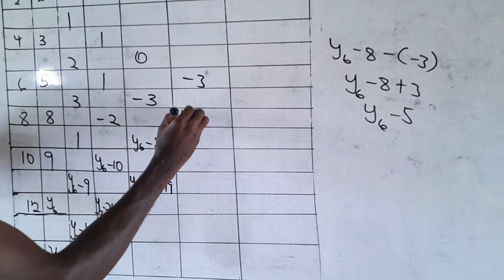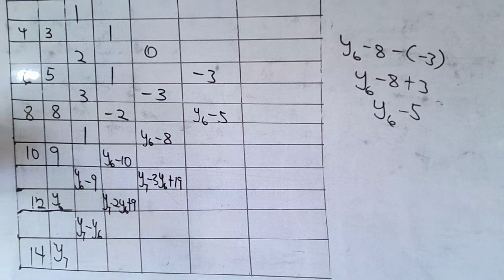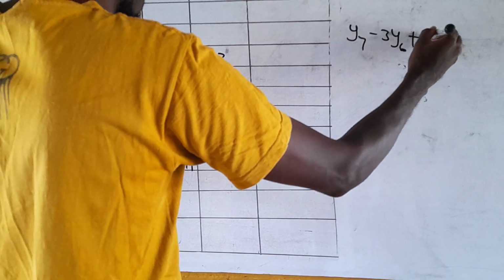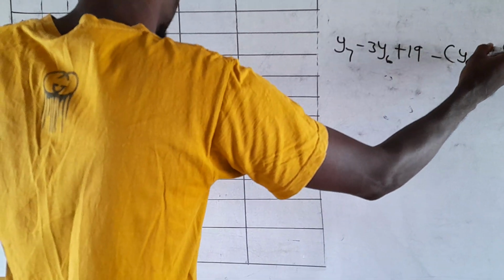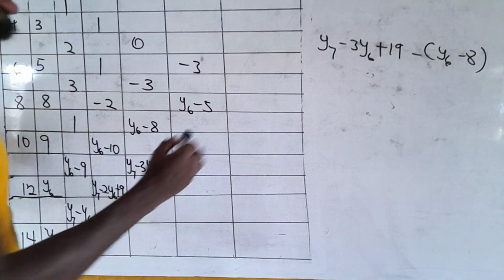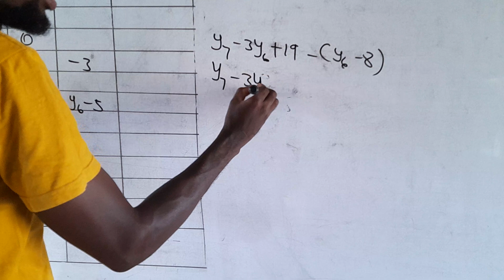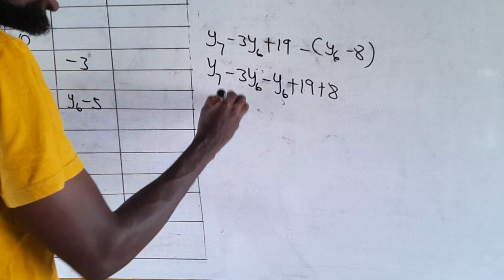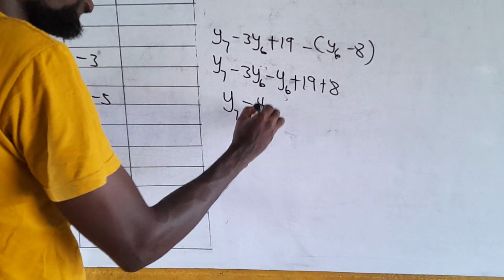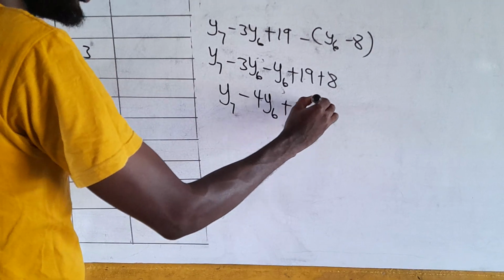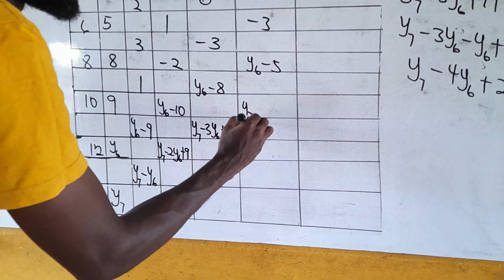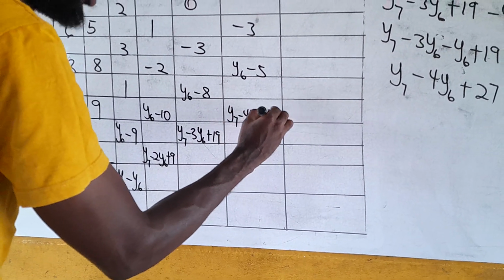Then y7 minus 3y6 plus 19 minus y6 minus 8. So we get y7 minus 3y6 minus y6 plus 19 plus 8. So that will be y7 minus 4y6, then plus 27.